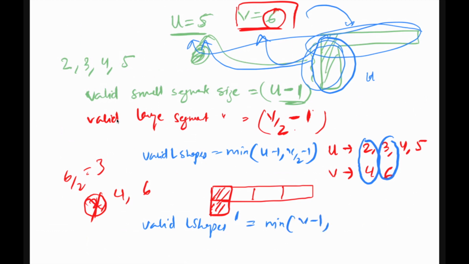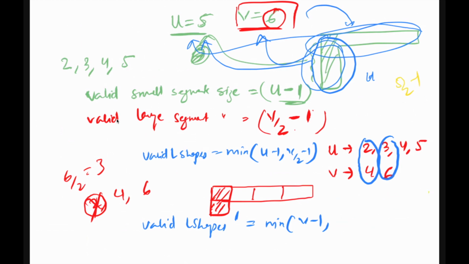We can have 5 possibilities here, like 2, 3, 4, 5 and 6, and from U we will take the larger segment. How many possibilities do we have here? It would be 5 by 2 minus 1, which is 2 minus 1, that's only 1, so we can just have 4 here. So what will be the answer? 2, 4.